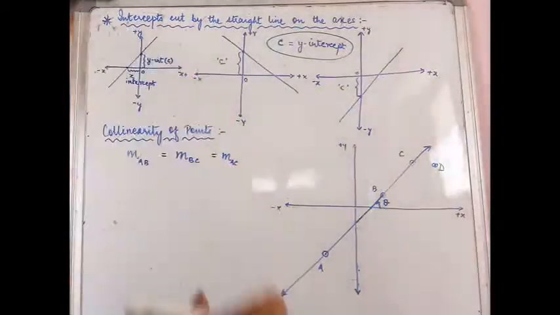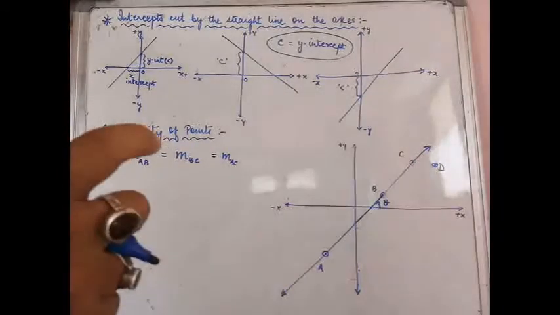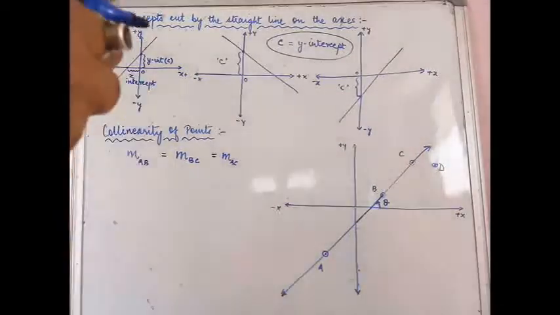Okay, so regardless of the 2 points that you take, you can choose any 2 points that you want and find out their slopes using the 2 points. I have already told you how to find out the slope of a line passing through 2 points. So regardless of the 2 points that you choose, if you find out the slope, their slopes are going to be same.